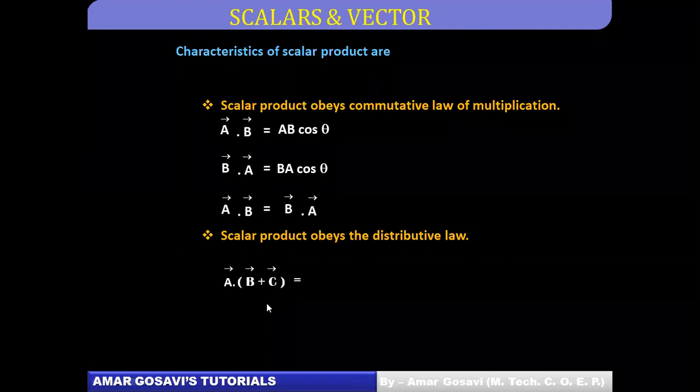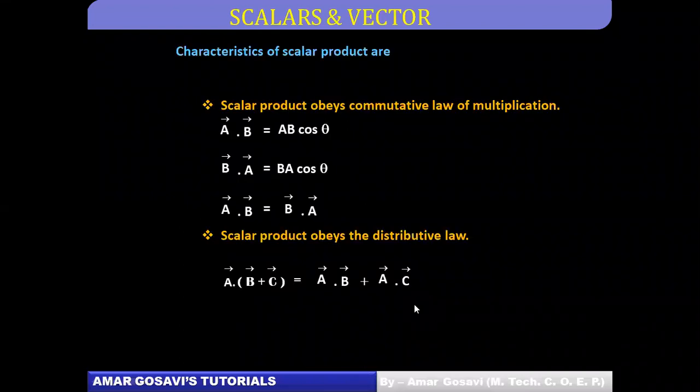How is it done? This can be equated to a bar dot b bar plus a bar dot c bar. If you can distribute it this way, such a law is called the distributive law, and scalar product obeys the distributive law, friends. This is again an important characteristic regarding scalar product.